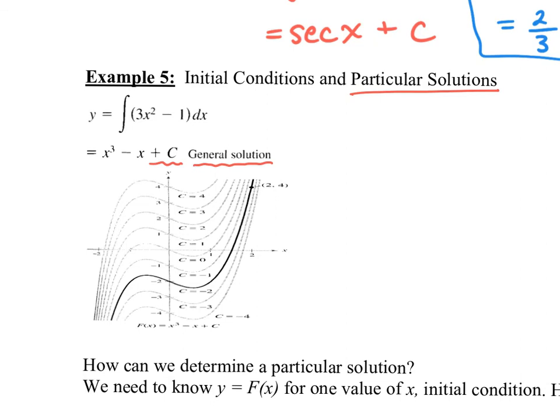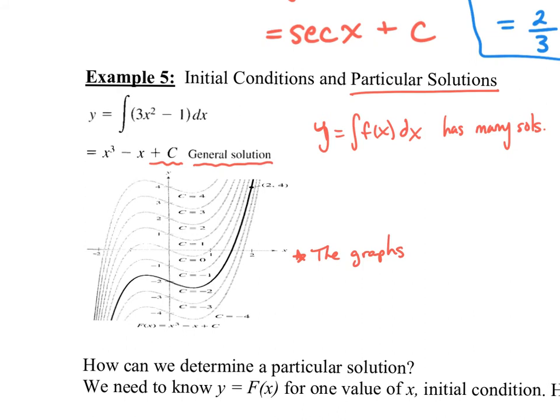So in general, y is equal to the integral of f of x dx. That has many solutions, each differing from the others by a constant, right? And then here, the graphs are all representing the antiderivatives as a vertical translation. So if you think about it, you have x cubed minus x plus c.